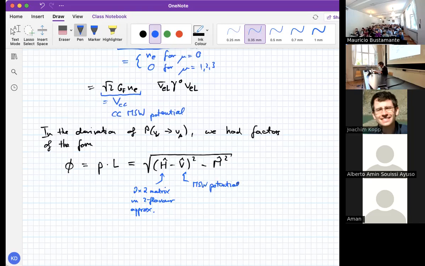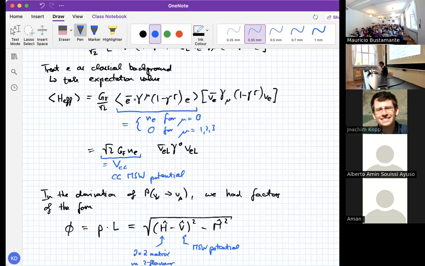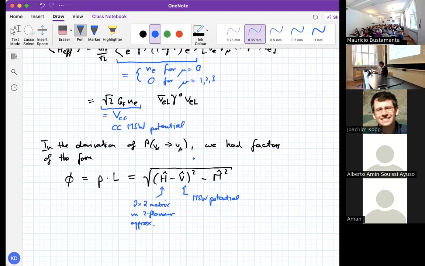We've just derived this extra contribution to the Hamiltonian. It is a contribution that exists only for electron neutrinos, so only one component of this matrix is non-zero. That matrix is V_CC, 0, 0, 0, because this W exchange process exists only for electron neutrinos. And finally, here that's the mass matrix.